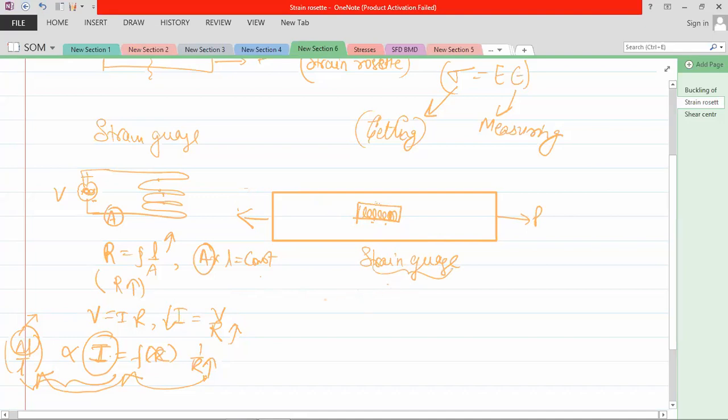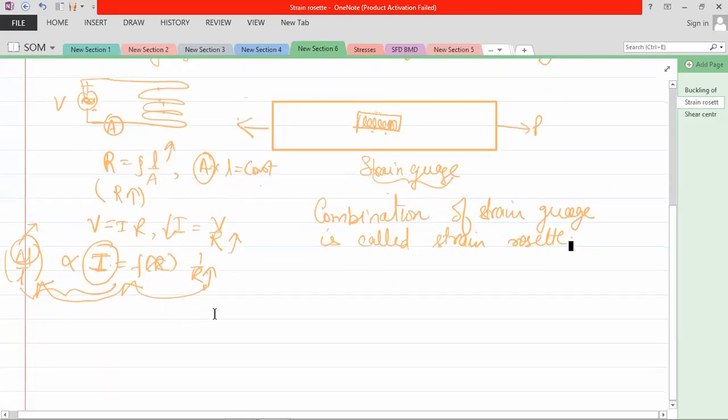Now what is a combination of strain gauges? A combination of strain gauges is called a strain rosette. Okay, strain rosette. What is the meaning of that?